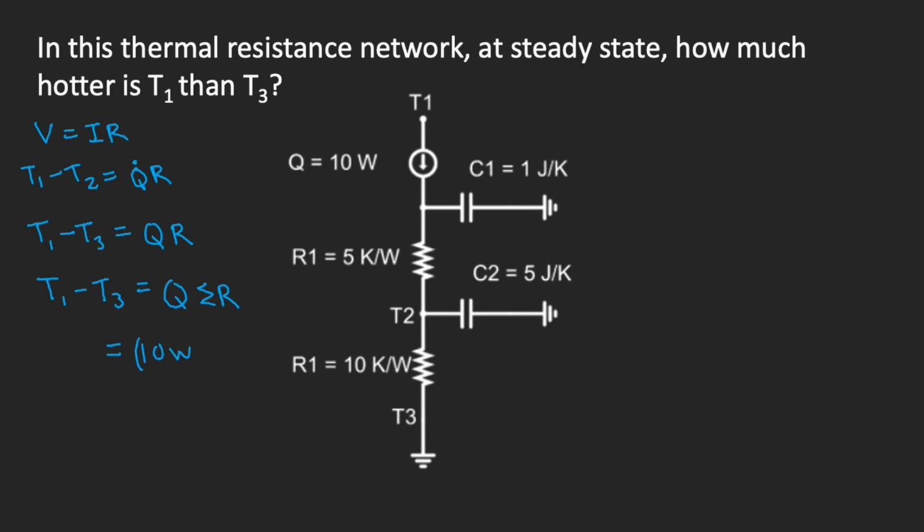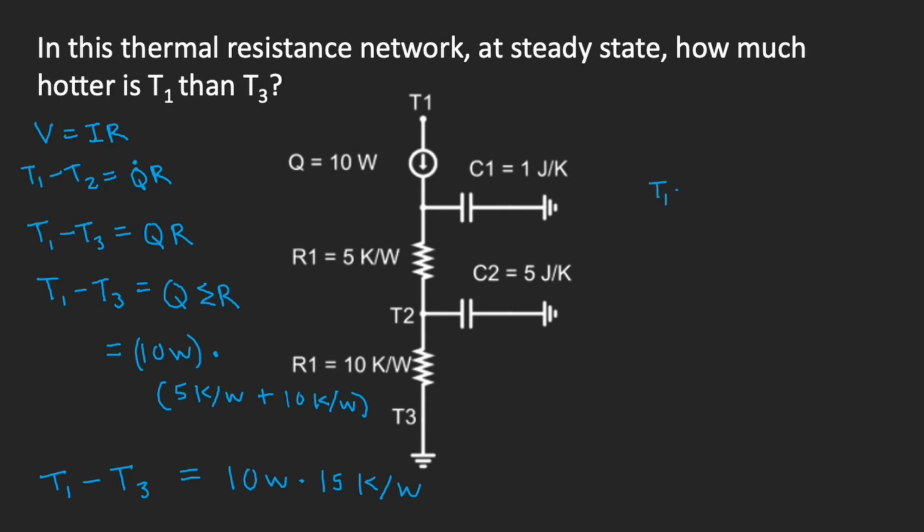So we're going to say T1 minus T3, the temperature gradient that we're trying to solve for, is equal to our power, Q in this case, which is equal to 10 watts, and we can use this because it has the same units as our heat flow rate, times our resistance, which is going to be 5 Kelvin per watt plus 10 Kelvin per watt, because we're adding up the series resistances.